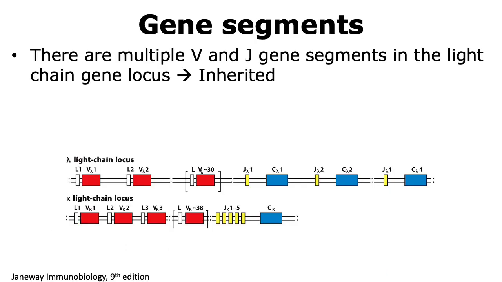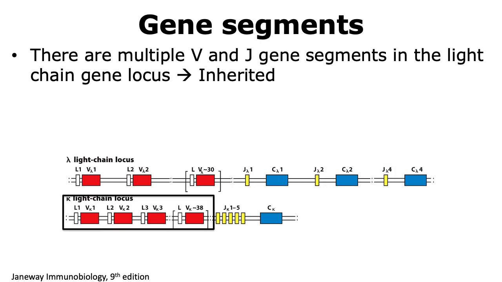The multiple V and J gene segments that are found in the light chain gene locus of the immunoglobulins are inherited. Thus, in the lambda light chain locus, the 30 V gene segments and the 4 J gene segments that are observed are inherited.